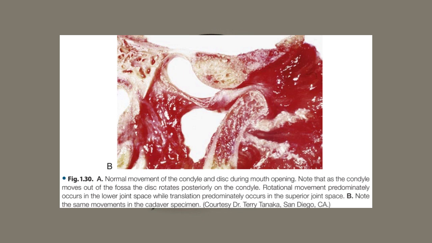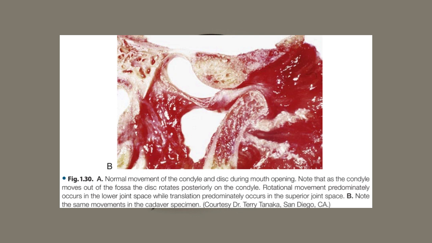Attached to the posterior border of the articular disc are the retrodiscal tissues, sometimes referred to as the posterior attachment. As previously mentioned, the superior retrodiscal lamina is composed of varying amounts of elastic connective tissue. Since this tissue has elastic properties and because in the closed mouth position it is somewhat folded over itself, the condyle can easily move out of the fossa without creating any damage to the superior retrodiscal lamina.